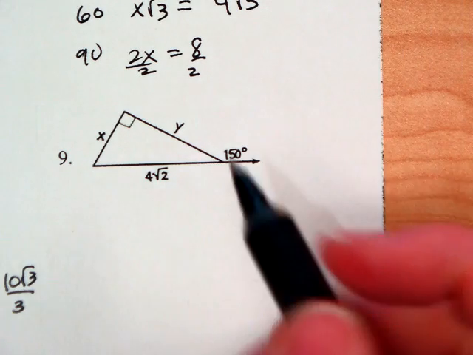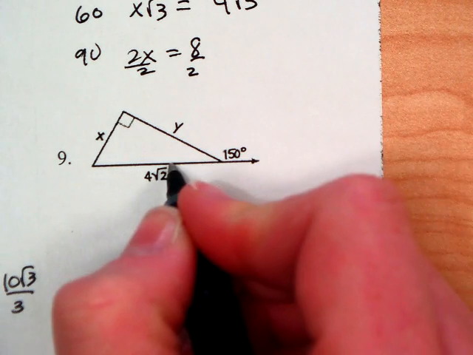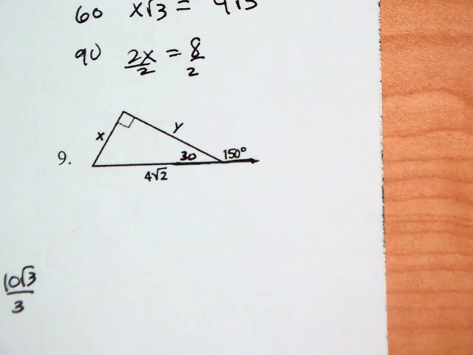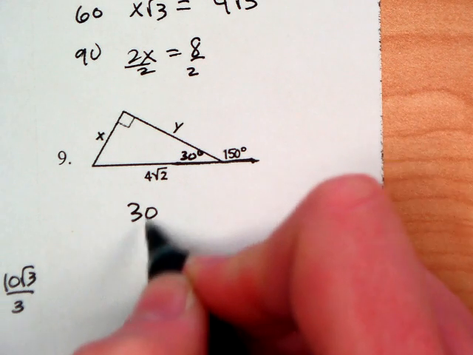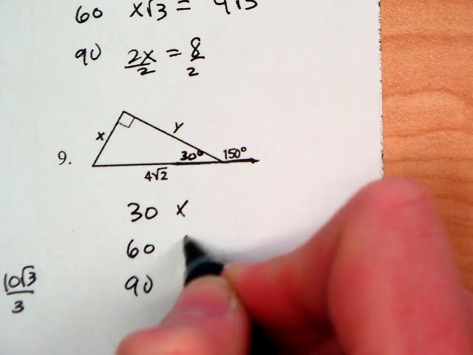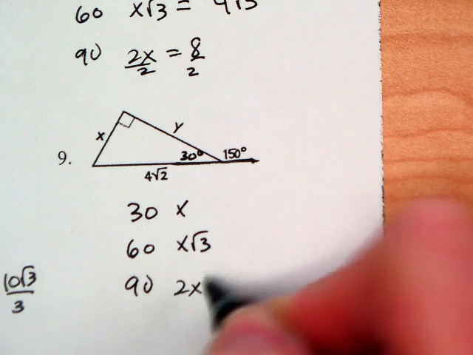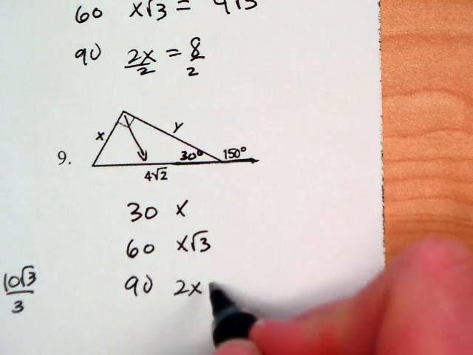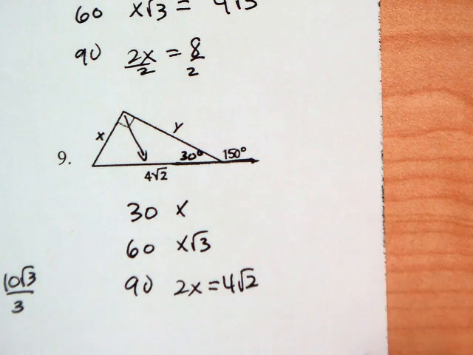One more. 150 out there. This is a linear pair. So 150 and the 30 is right there. So 30, 60, 90. x, x square root of 3, 2x. What we have right now is the hypotenuse. So 4 square roots of 2 we'll put there.